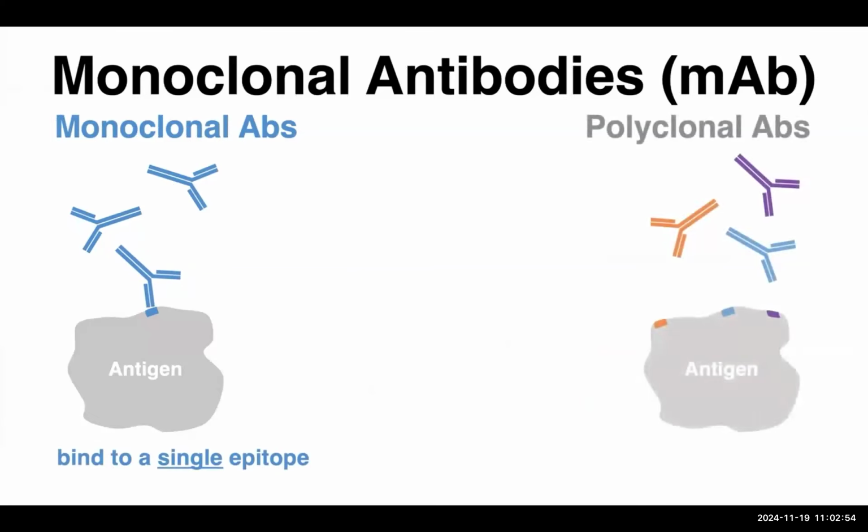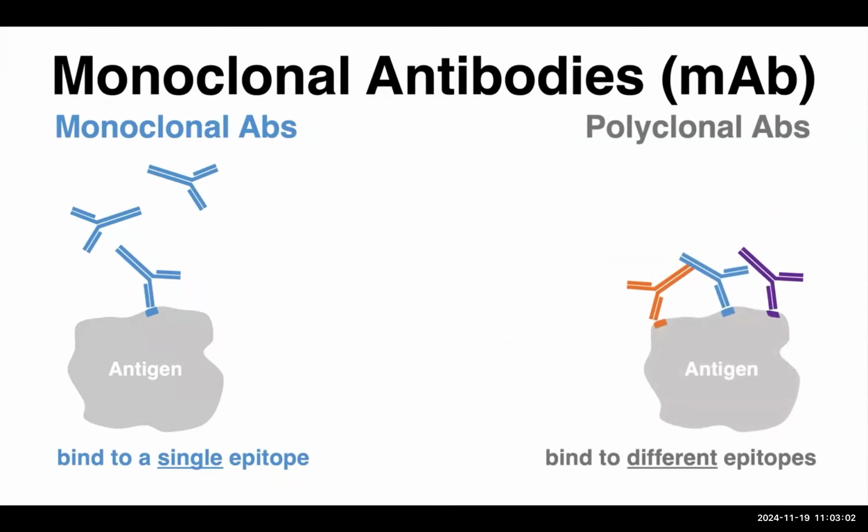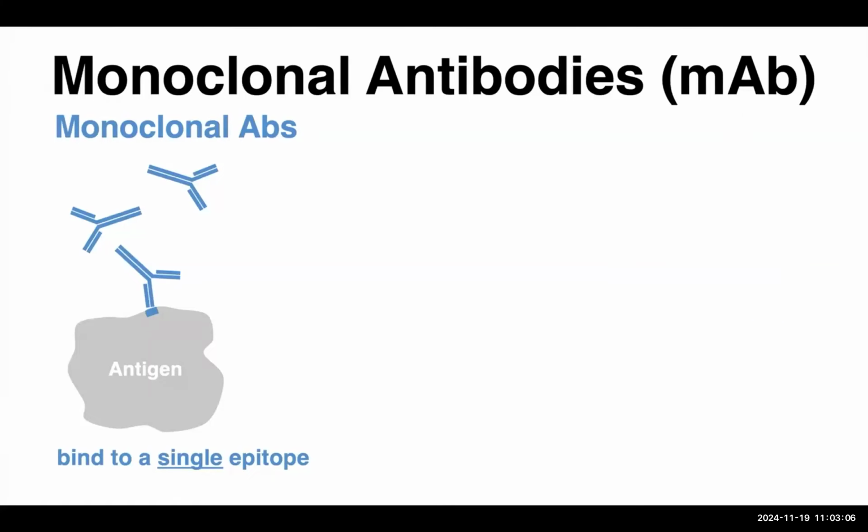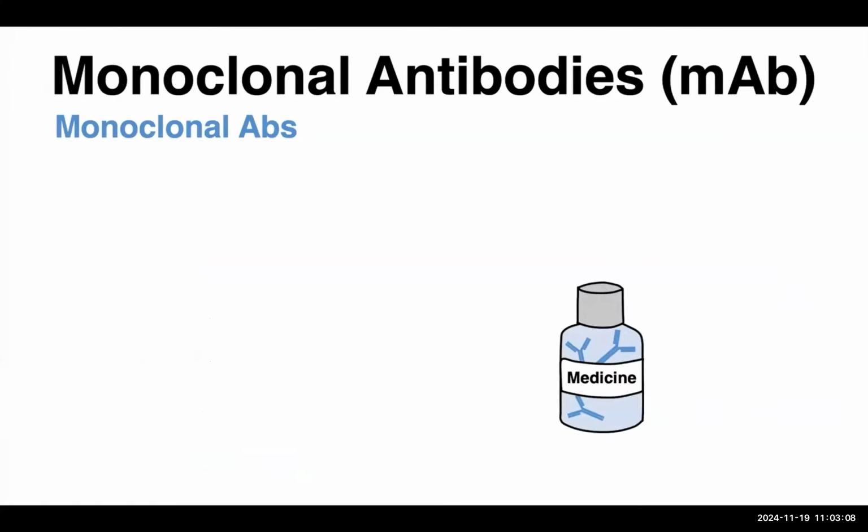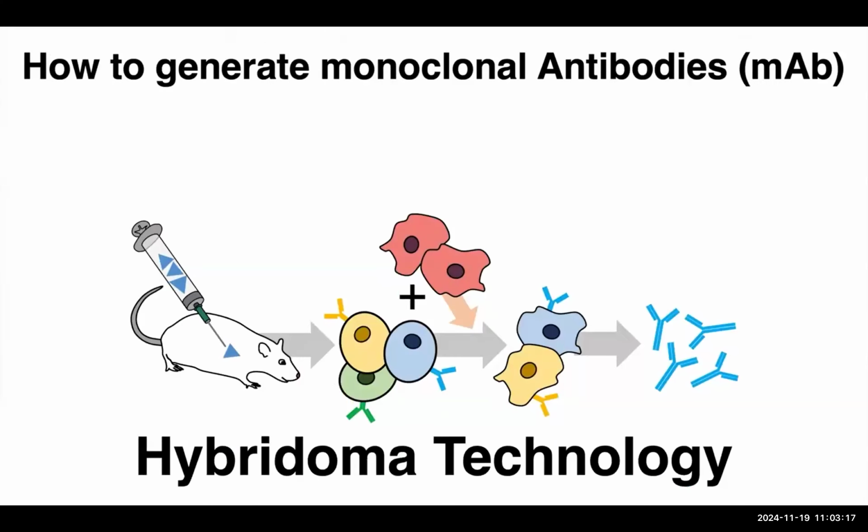In contrast, polyclonal antibodies have been produced by multiple B cells of different origin, and those polyclonal antibodies bind to different epitopes on an antigen. Monoclonal antibodies are often used as therapeutics, for instance, against certain cancer types. How those monoclonal antibodies are generated with the hybridoma technology will be explained in this video.